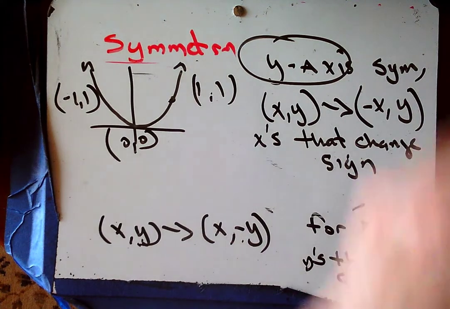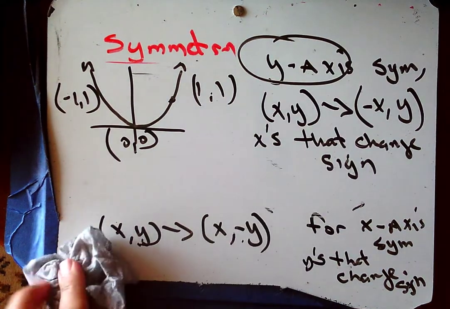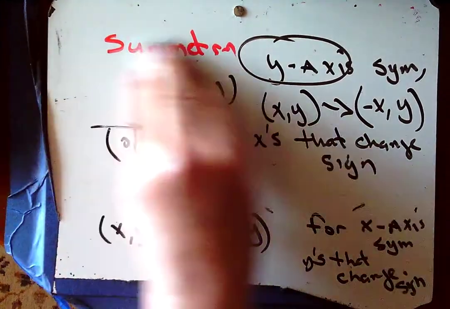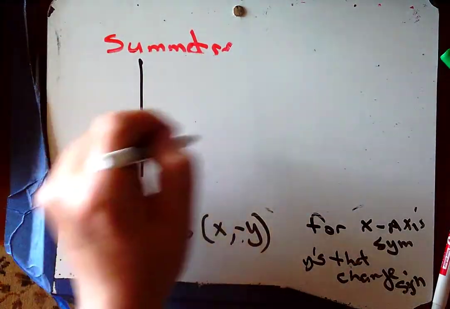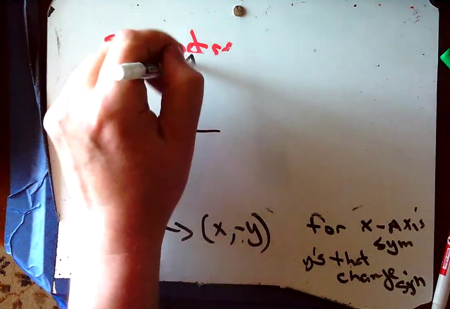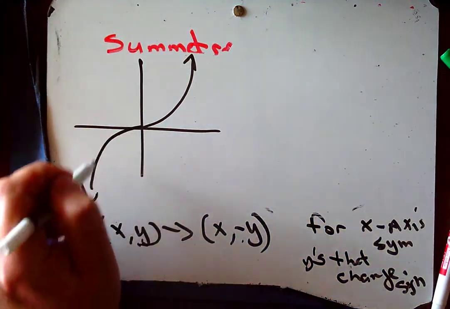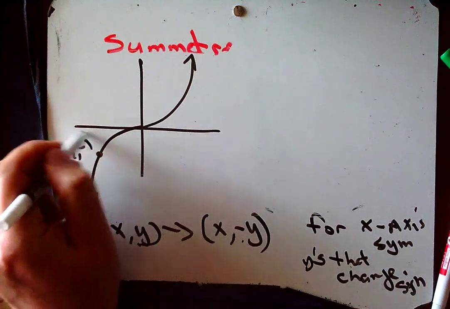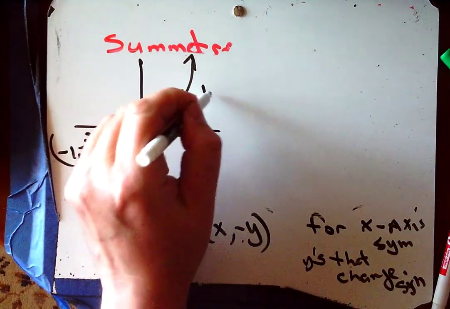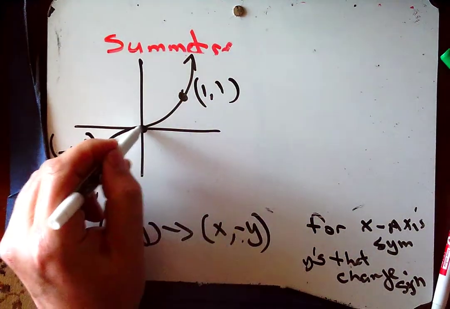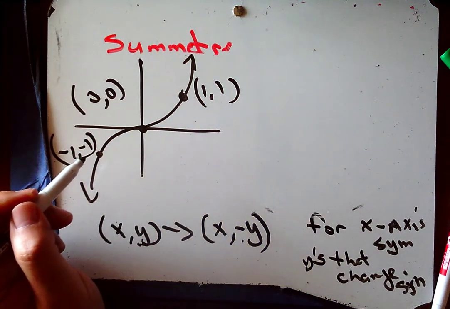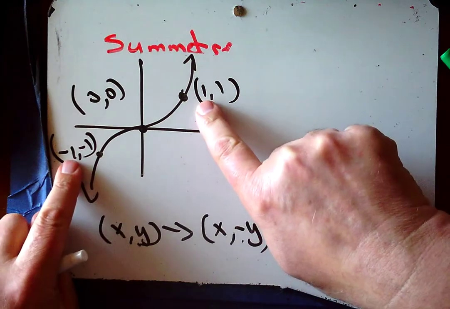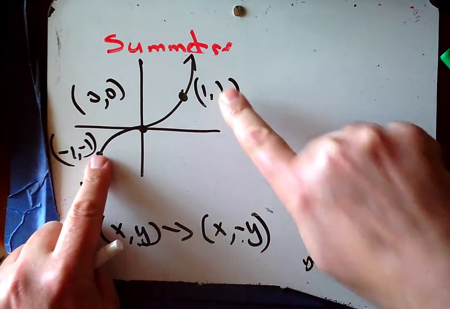So is there something we could say about origin symmetry? What would be true about origin symmetry? When you look at those ordered pairs, -1, -1, 1, 1, 0, 0. Is it the x's that are changing sign? Well, yeah, they did. And what about the y's? Ooh.